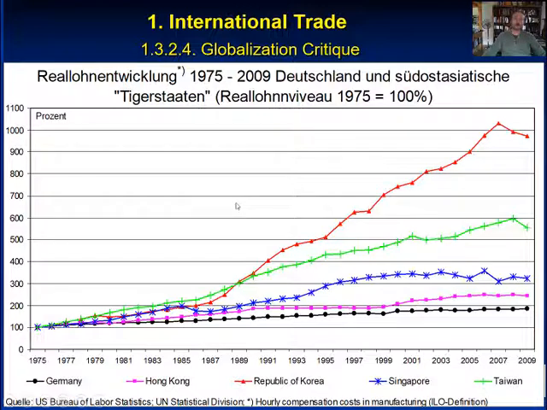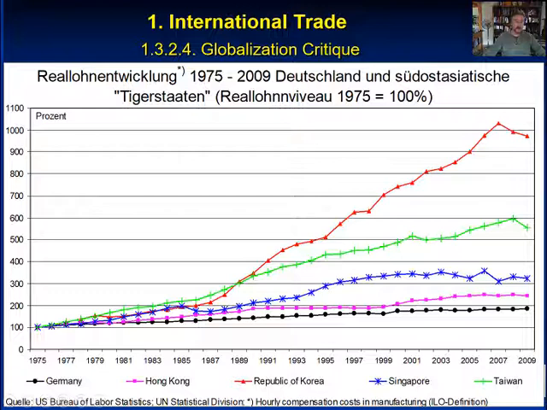This diagram compares the development of the real wages since the year 1975 for the tiger states with Germany, the black line here below.